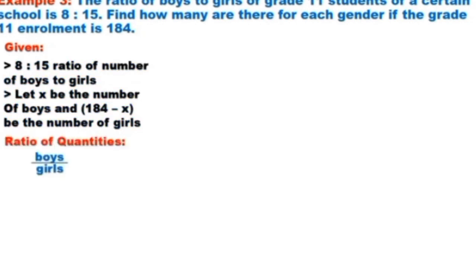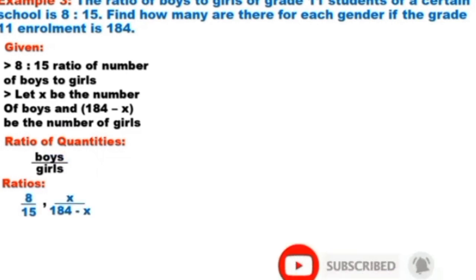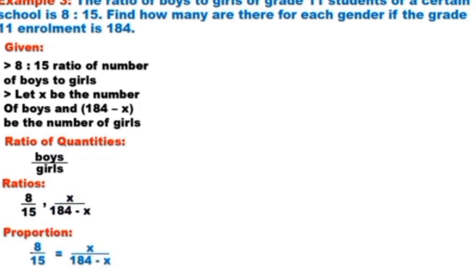The ratio of quantities to be used in this problem is boys to girls. Our ratios are 8:15 and X is to 184 minus X. The proportion to solve: 8:15 as X is to 184 minus X.